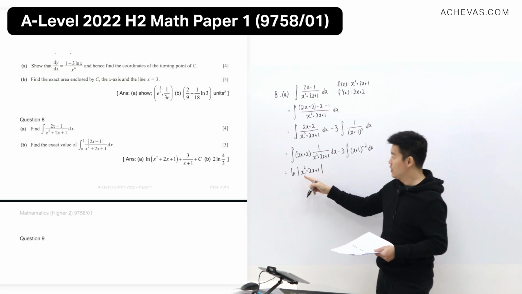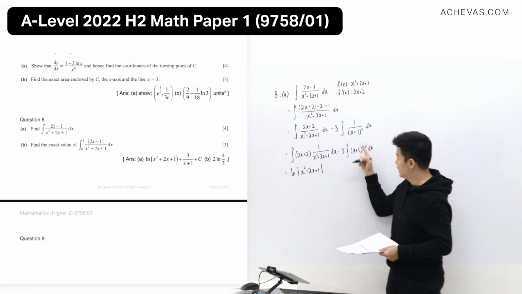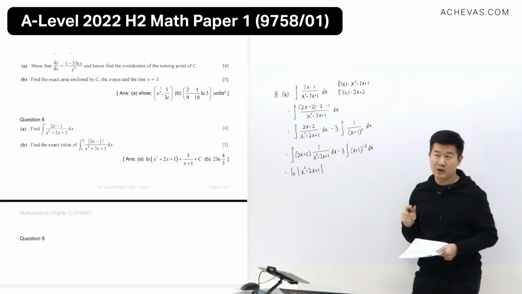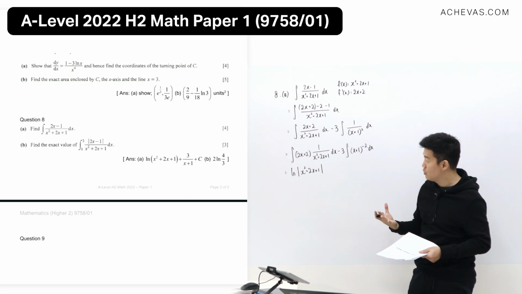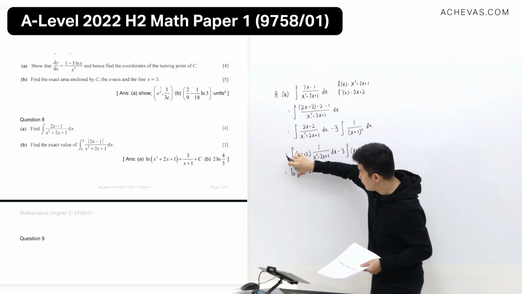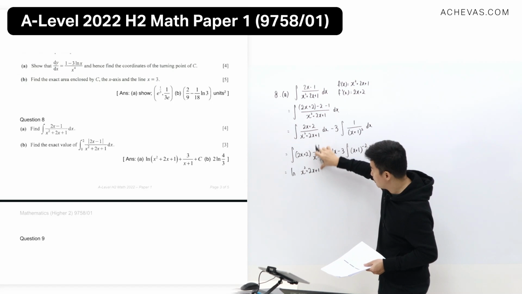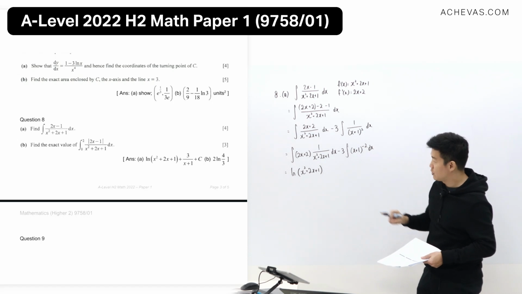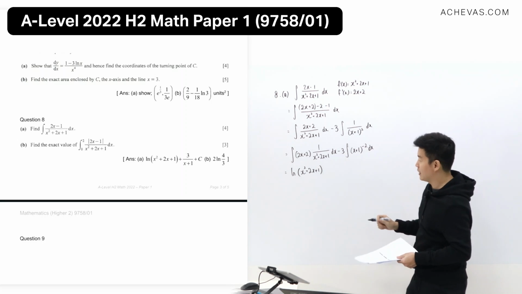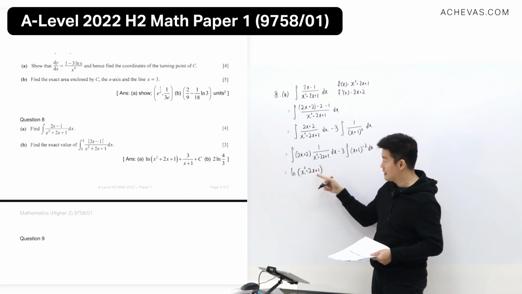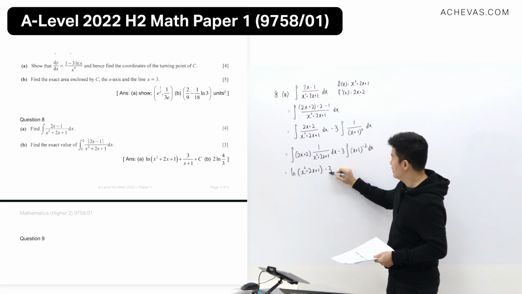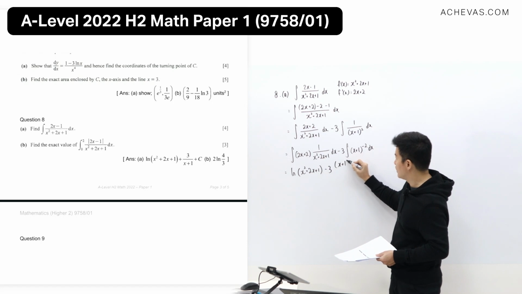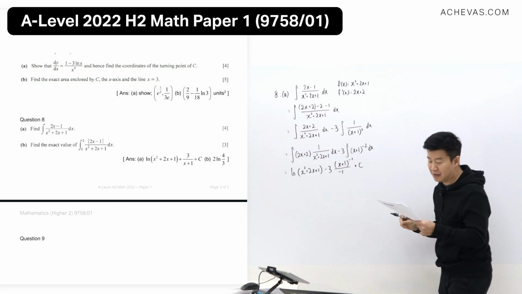And in fact, we know that x squared plus 2x plus 1 can be factorized into x plus 1 squared, which is going to be bigger or equal to 0 all the time. So it is not very necessary for us to impose a modulus, because a simple curved bracket will do. So I'm going to be replacing the modulus with a curved bracket because of the nature of the expression that I'm seeing here. As for this here, it is just going to be x plus 1 to the power of negative 1 over negative 1. And let's not forget about the plus c.